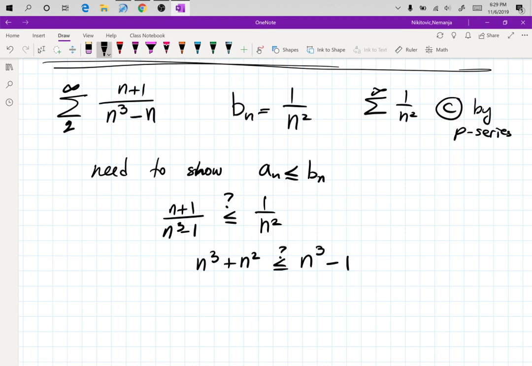What happened? N cubed minus n over here. Okay. So that's going to be n cubed minus n over here. Yeah, it doesn't work. How do I fix this?